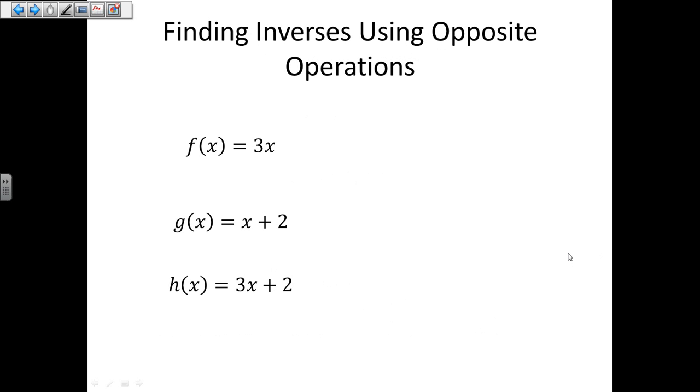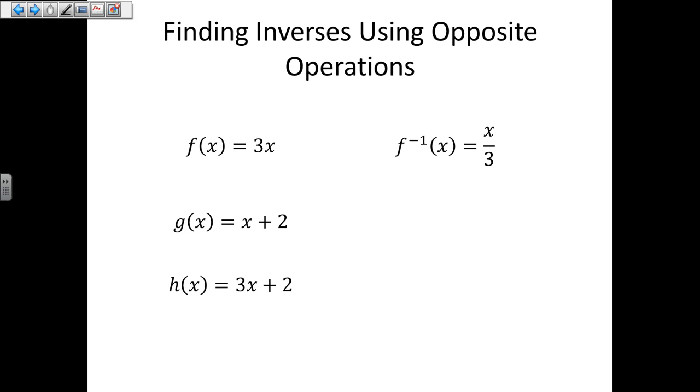Okay. So let's find some inverse functions by just applying the opposite operations that are going on. We already know what the opposite of the 4 basic mathematical operations are. So f of x equals 3x. Well, we're multiplying the variable by 3, so the opposite of that would be dividing by 3.